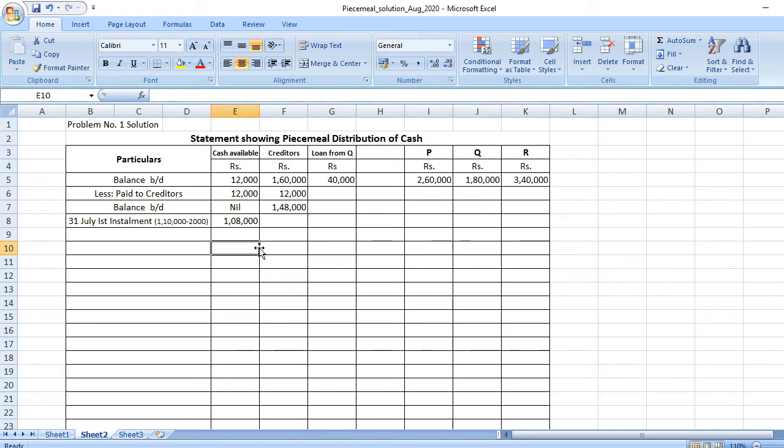This cash we can use for payment of creditors.